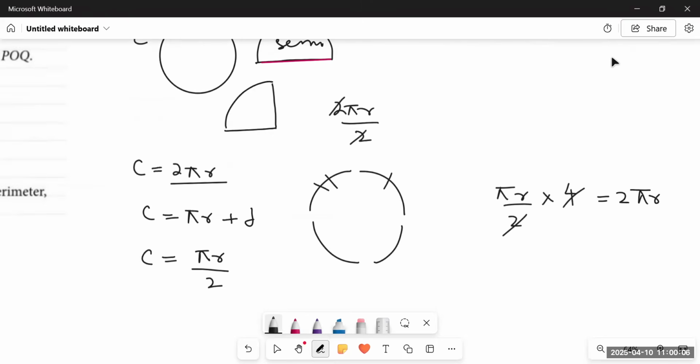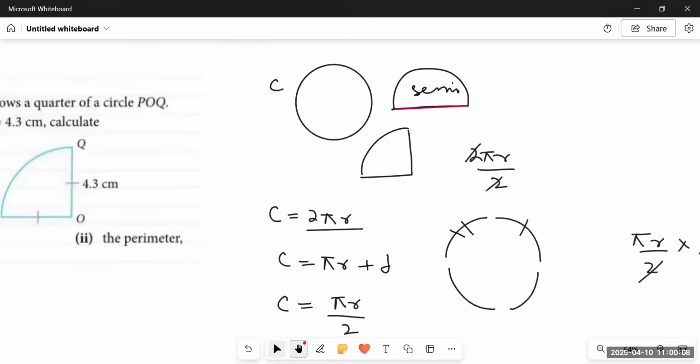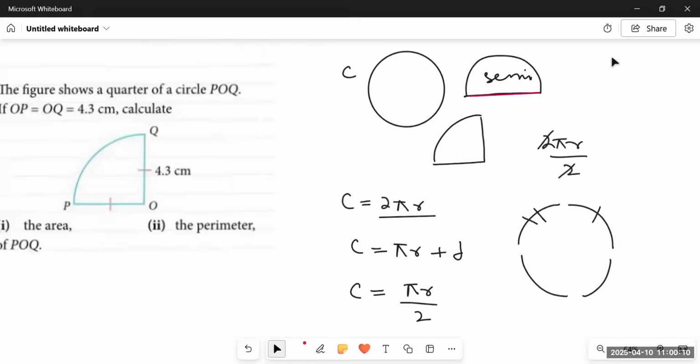So these are the 3 formulas that you have to remember, or you have to practice: if the circumference of the whole circle is 2 pi r, then the circumference of a semicircle would be pi r, and the circumference of the quarter circle would be pi r upon 2, right?